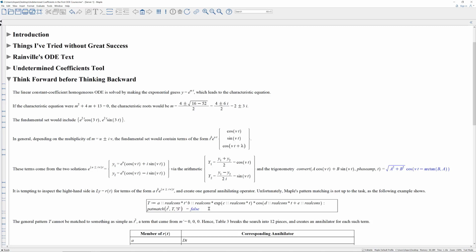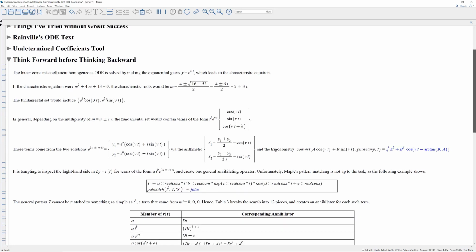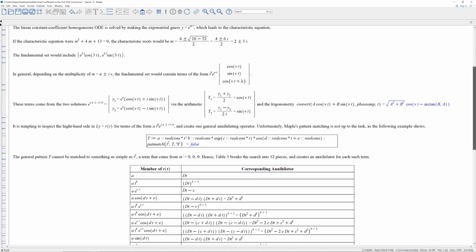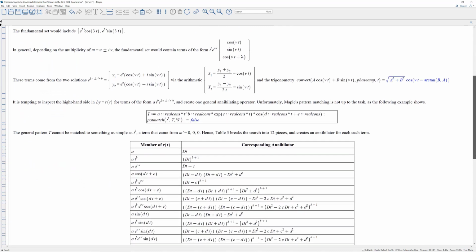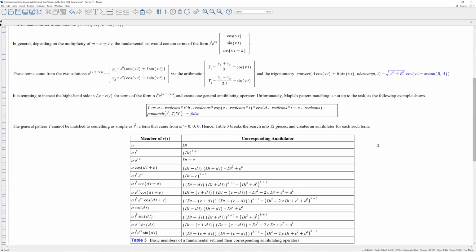So that's why I had to break it down into a collection of patterns and write an annihilator for each pattern that Maple found. Consequently, I broke the problem down into a collection of 12 possible forms on the right hand side and the corresponding annihilator for that form.